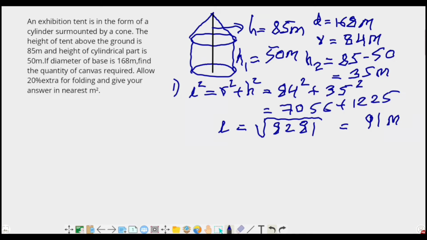Now, what have they asked? The quantity of canvas required.